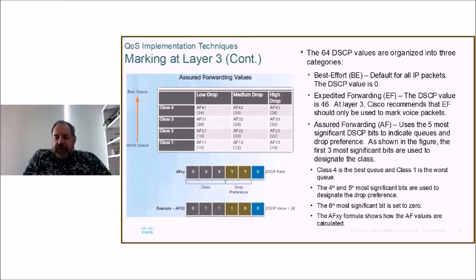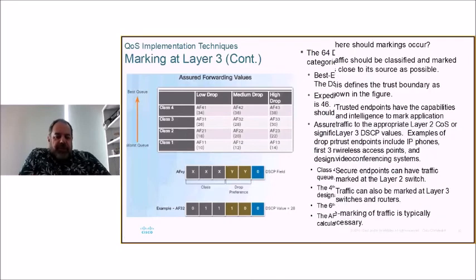As shown in the figure, the first 3 most significant bits are used to designate the class. So class 4 is the best queue and class 1 is the worst queue. The 4th and 5th most significant bits are used to designate the drop preference. The 6th most significant bit is set to 0, and the AFXY formula shows how the AF values are calculated. Basically, that diagram shows you how it's all done.